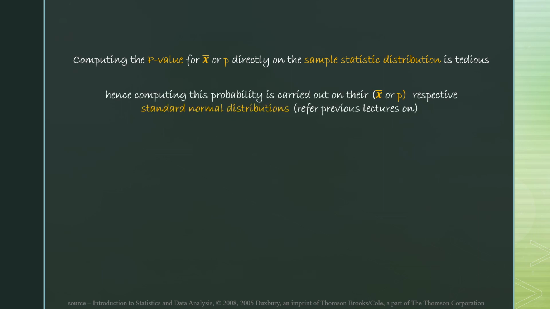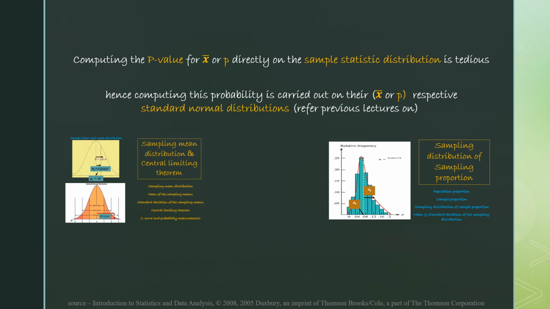Hence, computing this probability is carried out on the respective standard normal distributions. Refer to previous lectures on sampling mean distribution and central limit theorem and sampling distribution of sample proportion. Let's dive into the math to arrive at the p-value associated with a sample statistic.